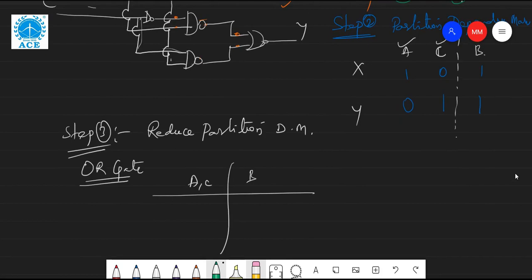A ORed B is what? If anyone is high, high only. So 1. Next is Y output, same, high. And this is also 1 1. Got my point? So for the reduced partition, you need to take the OR operation between the partitioned ones, which are A and C. In this case, if I take A OR C operation, we will get 1 1, the X and Y outputs, right?